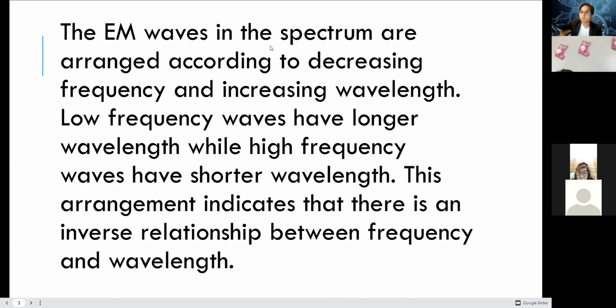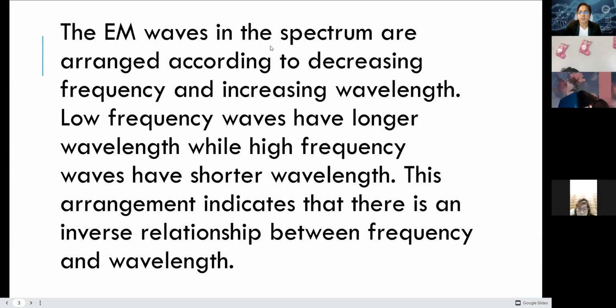Once you move the rope faster, you are consuming more energy, so it has more energy compared to the slower one or the bigger waves. This arrangement indicates that there is an inverse relationship between frequency and wavelength.